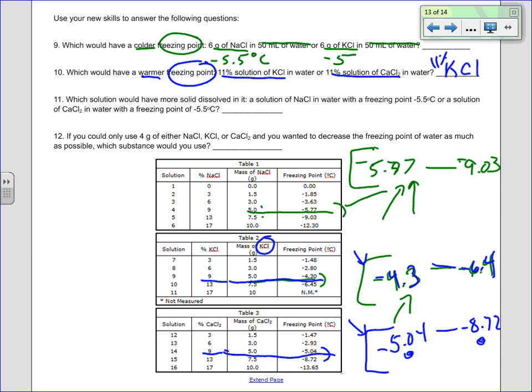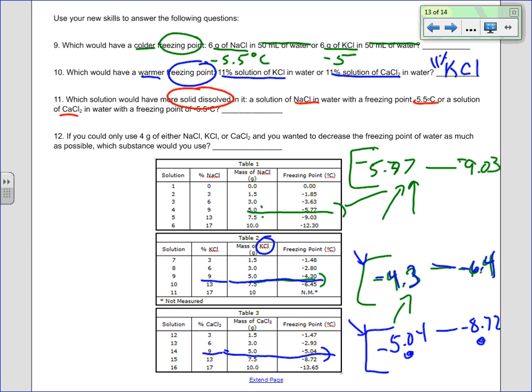In order to do this kind of question, we have to realize that more solid dissolved means more mass, because mass is the amount of solid that we're dissolving inside. We're given the freezing points, negative 5.5 for NaCl and negative 5.5 for CaCl2.